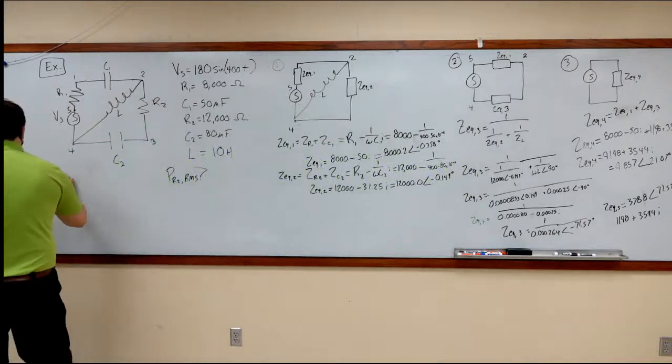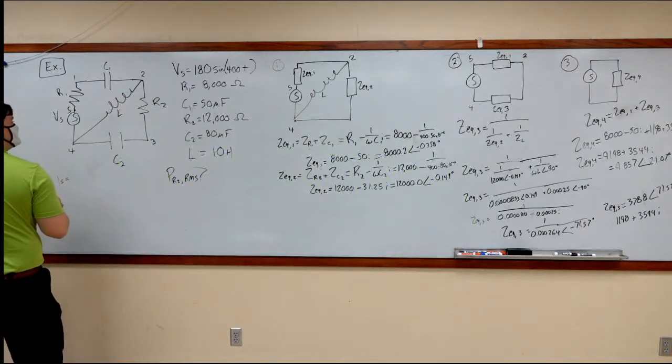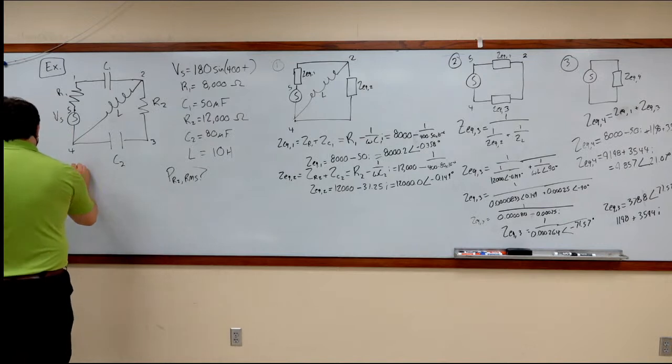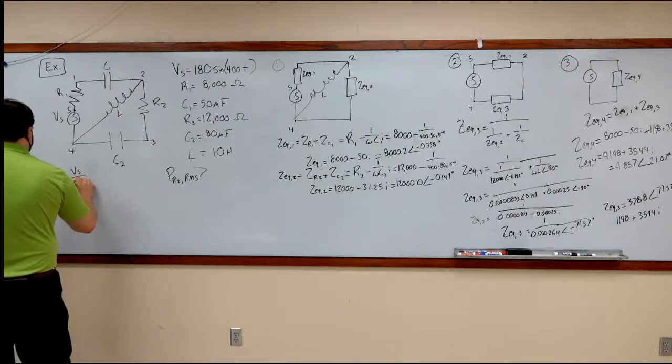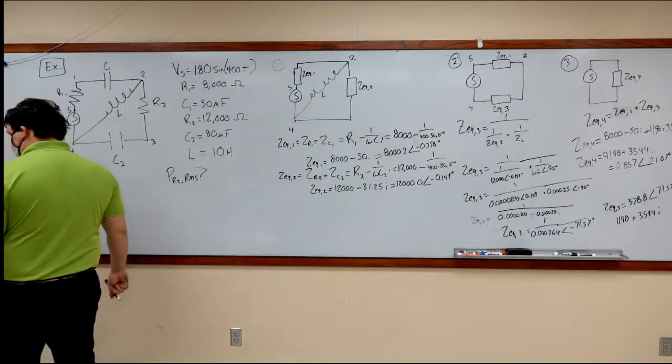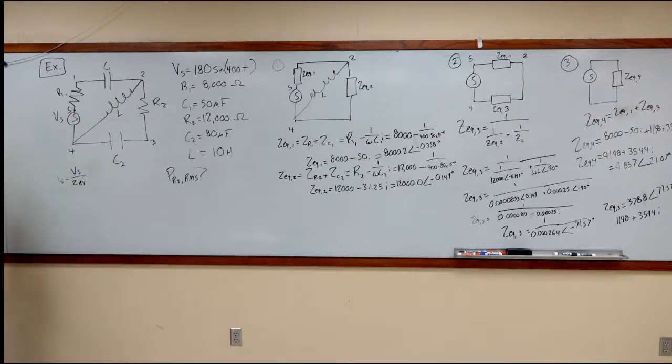Okay, so we know IS is equal to VS divided by ZEQ4. What is the phasor form of VS?